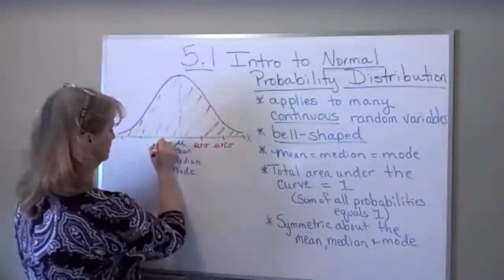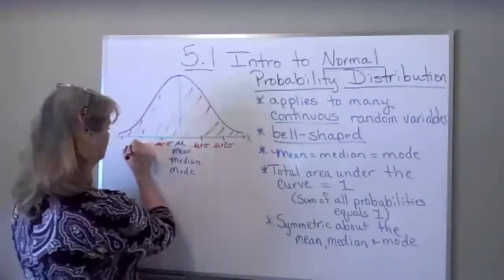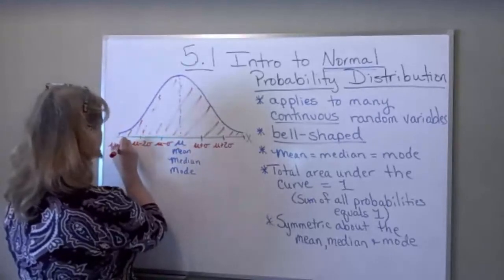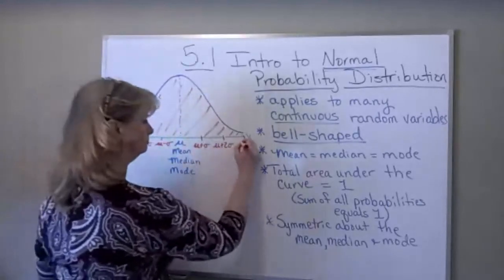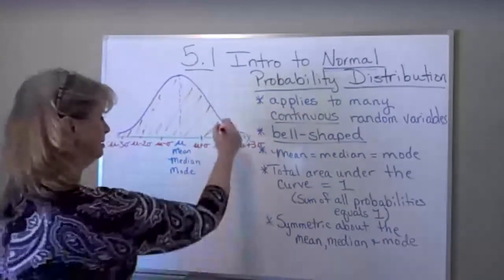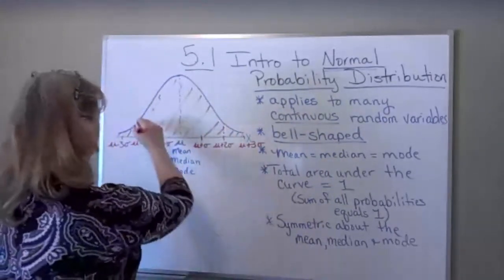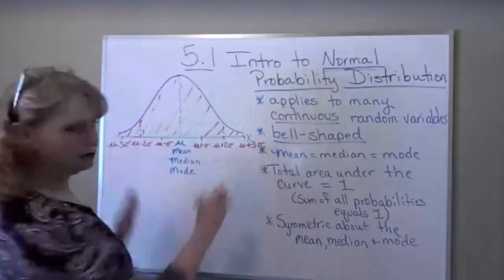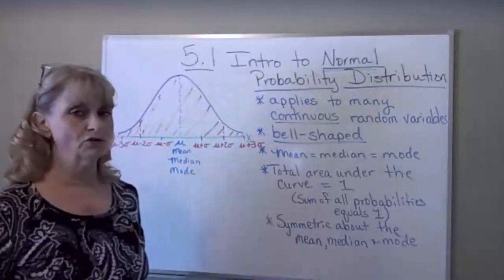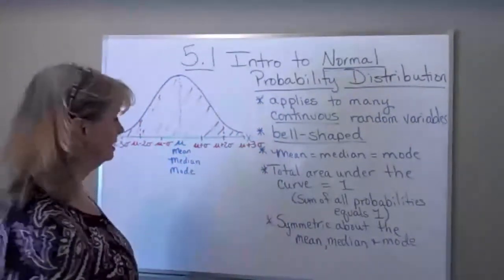This is the mean minus a standard deviation and a mean minus 2 standard deviations. And you may remember that if anything was more than 2 standard deviations from the mean, it was considered unusual. So that's going to be an important thing.